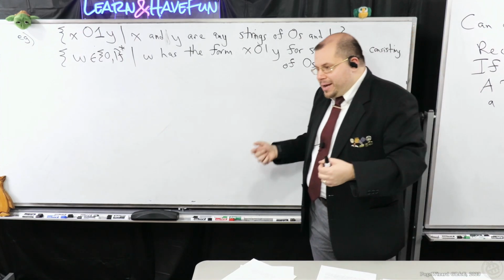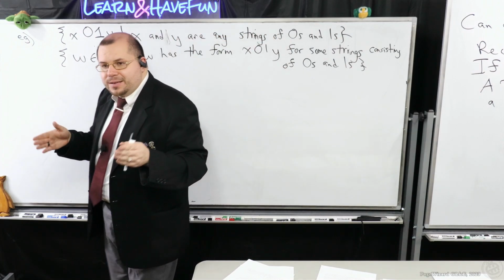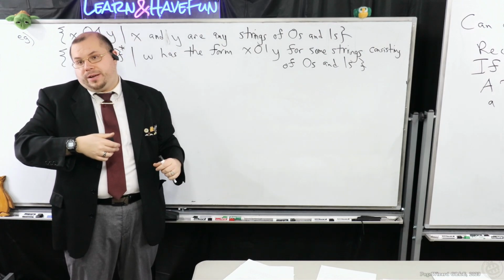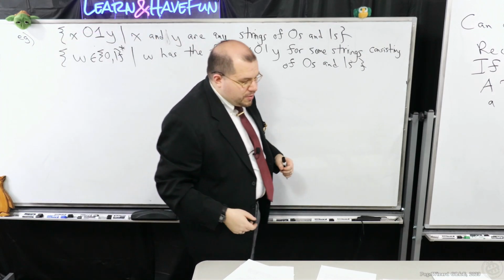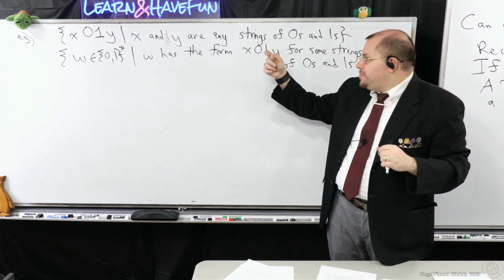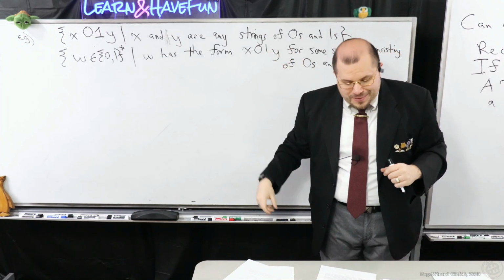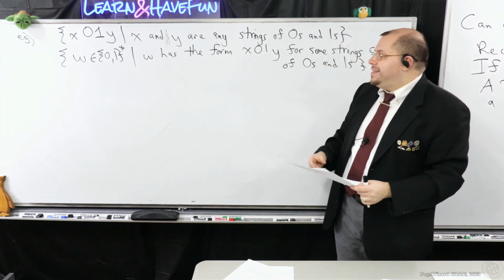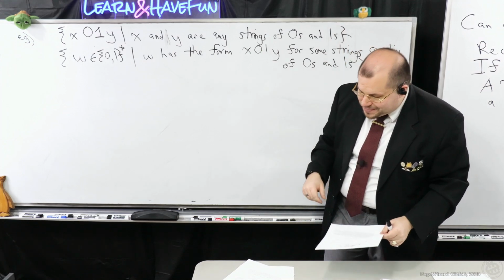A substring is a string that is found and contained within another string. So in this case, the pattern for the substring is a 0 immediately followed by a 1. So any string that has this pattern in it is in this language. That's what this says.